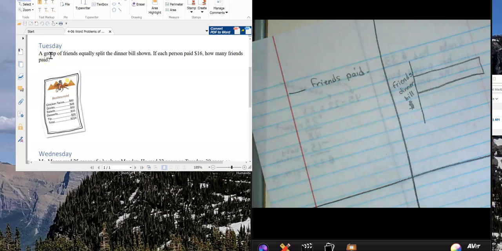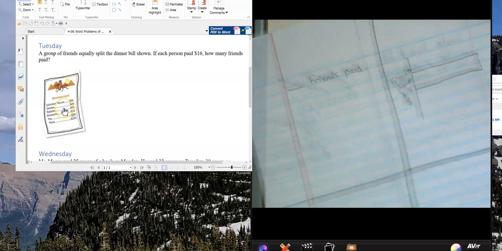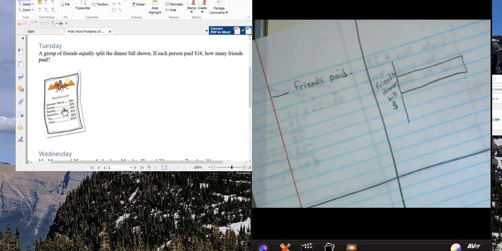The first sentence says a group of friends equally split the dinner bill shown. I should go ahead and look at the dinner bill to see what I can put inside or outside the unit bar. The one thing that really stands out here is the total amount of money that they spent, all the money they owe for this dinner bill, and that is $224.